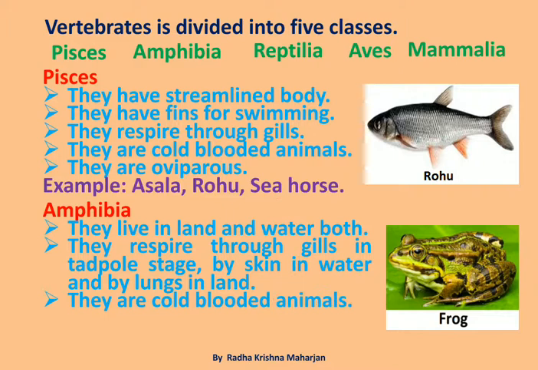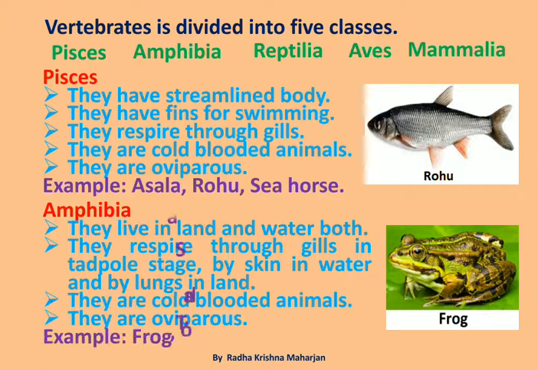They are cold-blooded animals. They are oviparous. Example: frog, toad, salamander.